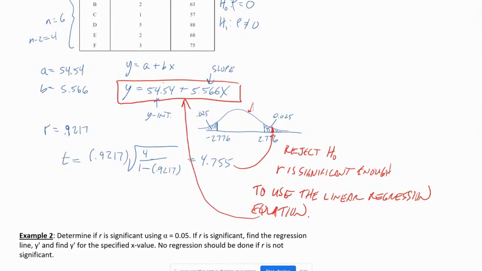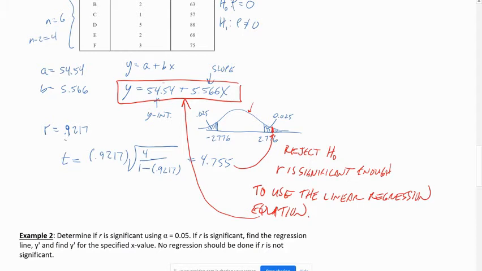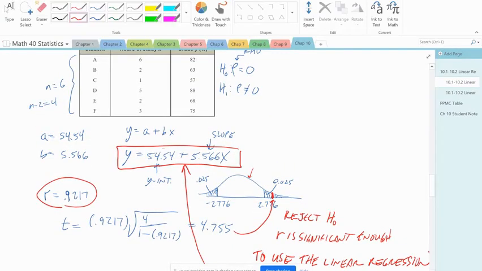Okay, so that was one way, using the t equation. Now I said you don't have to memorize this t equation because you can also get it on your calculator. And so the other way to do this is to use the R value that we got. There's a table called the PPMC table, and it's table I in your textbook.